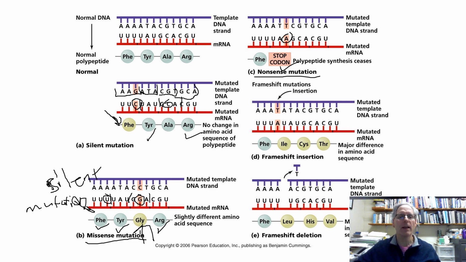So this reading frame here that went phenylalanine, tyrosine, alanine, and arginine, now you change the reading frame and you go isoleucine, cysteine, threonine. You completely change the amino acid sequence. These are called frame shift mutations. You have frame shift insertions or frame shift deletions.